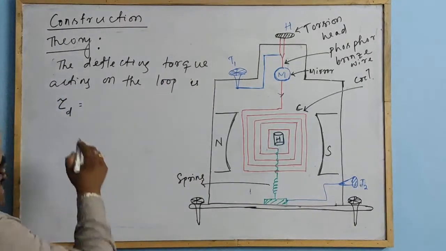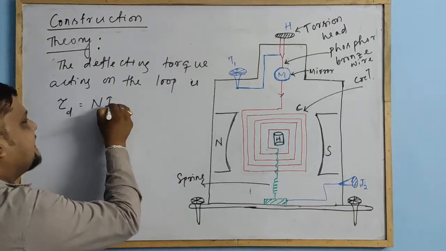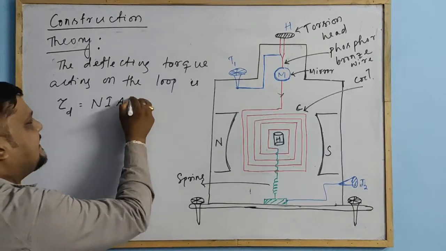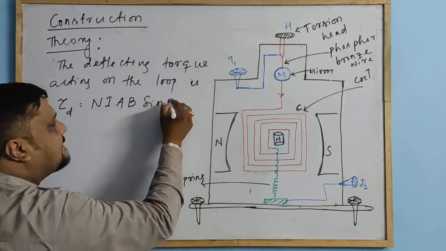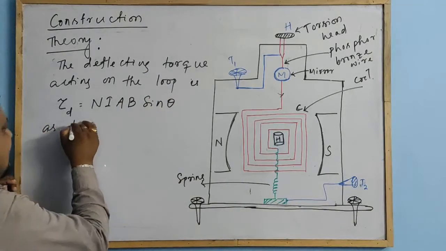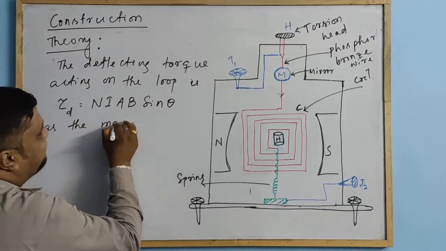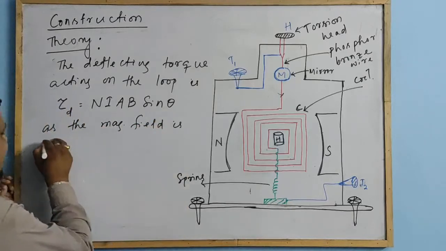Tau d is equal to N, the number of turns, I the current, A the area, B the magnetic field, NIAB sin theta. But as the magnetic field is radial.